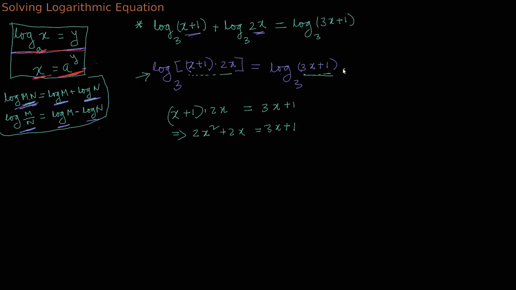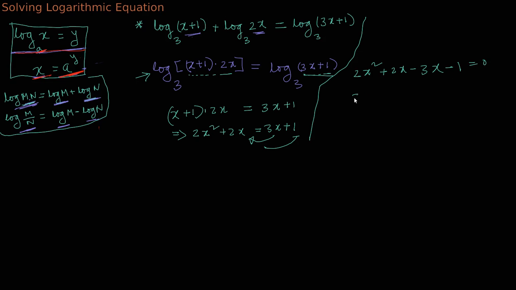Now if I take 3x to this side and also 1 to this side, I get 2x square plus 2x minus 3x minus 1 equal to 0.